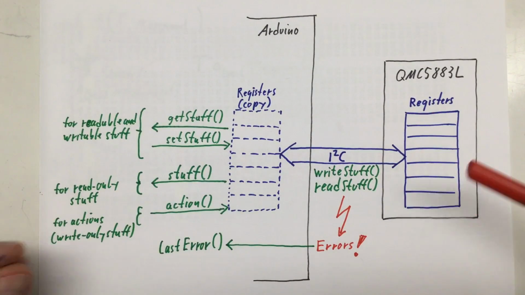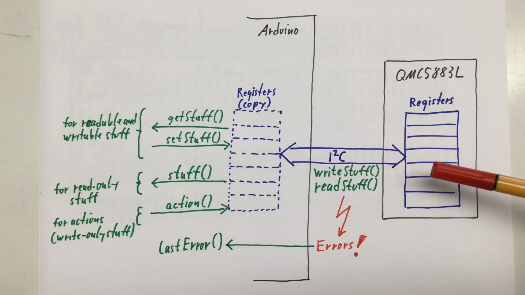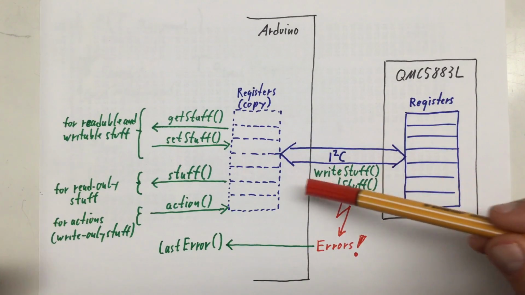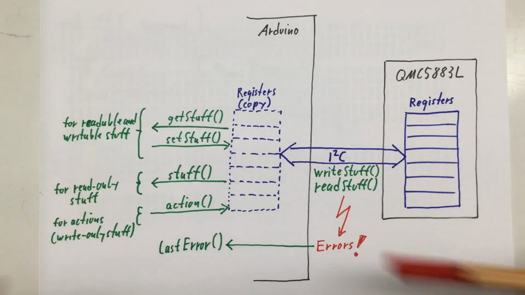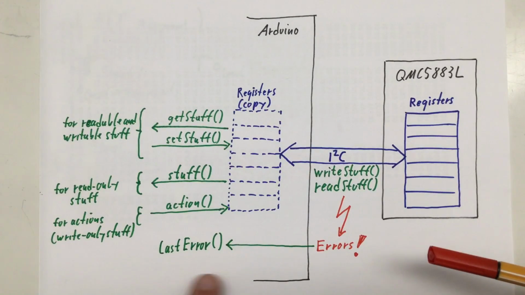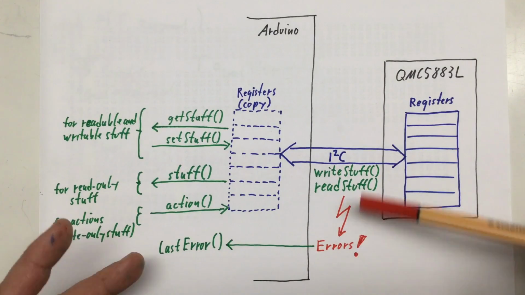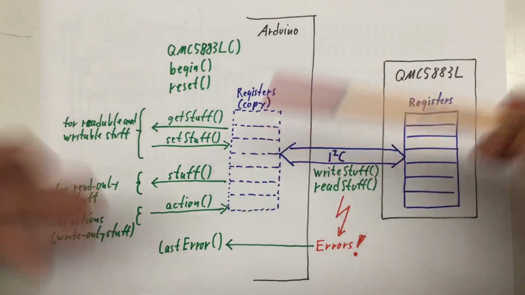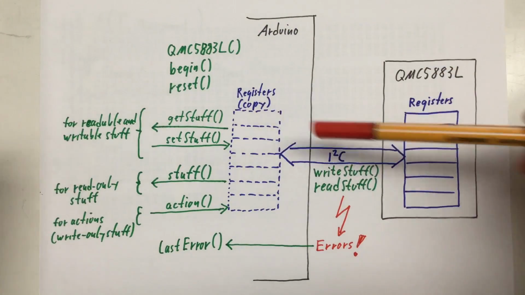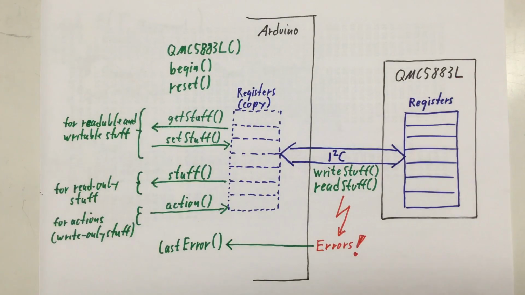With that architecture, errors can really only happen when we do I2C stuff with the write stuff and read stuff methods here. And we can have a last error method to retrieve information about the errors that happened. Add a constructor, an Arduino typical begin method and maybe a reset method, and we're done.